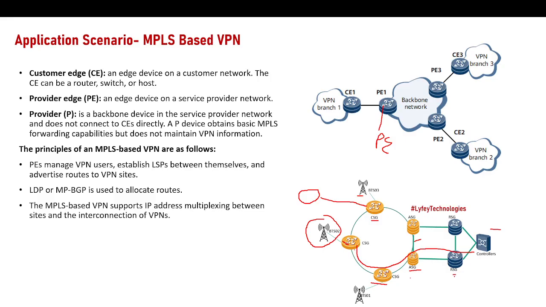The RSG is also a PE device, the provider edge device, because remember they are connecting to the controllers, the BSC, the RNC. Those can also be seen as customers in the network. And any other intermediate device on the forwarding path, we see as a provider device. Any comment? Any question?